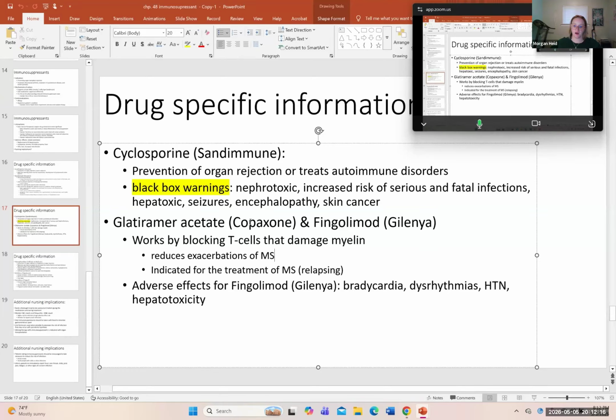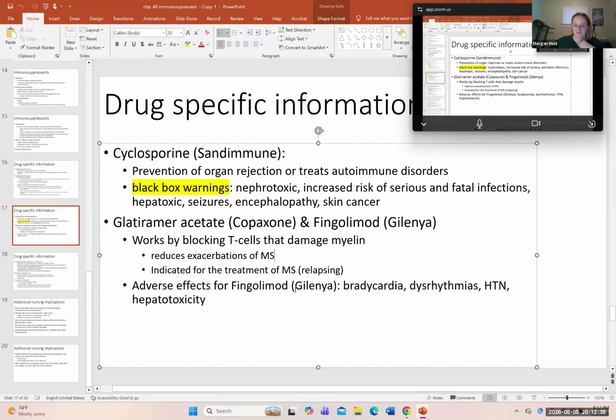These ones right here, I'm going to refer to them by Copaxone and Gilenya. So if you just want to know these names for these two, that's fine. These ones tend to treat MS. So all I want you to know is that they treat MS, which is also an autoimmune disease.